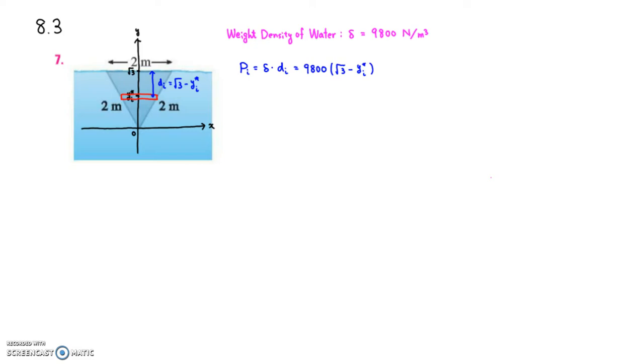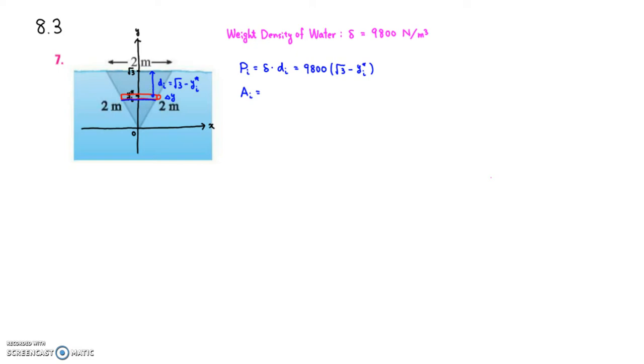Then we want to find the area of that approximating rectangle, so let's call it Ai. The width is going to be, as always, delta y. Then we want to know the length from here to there.